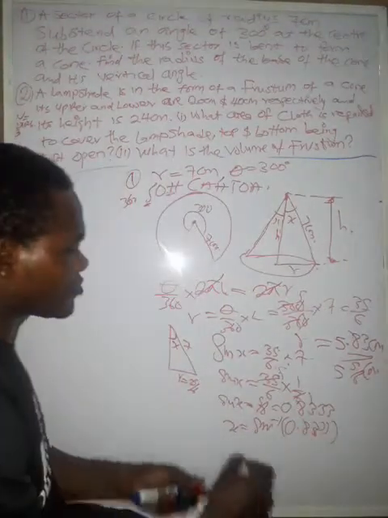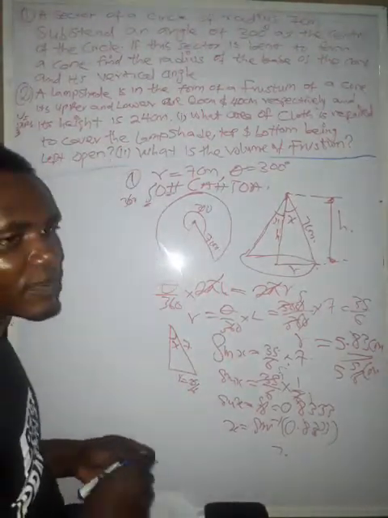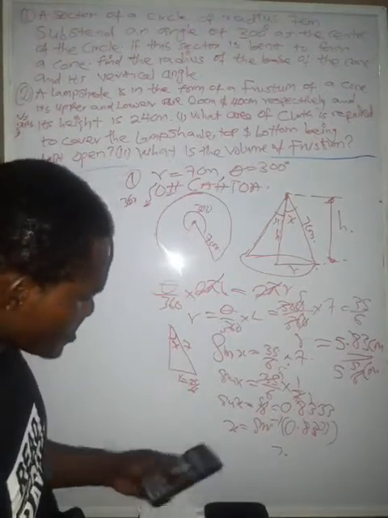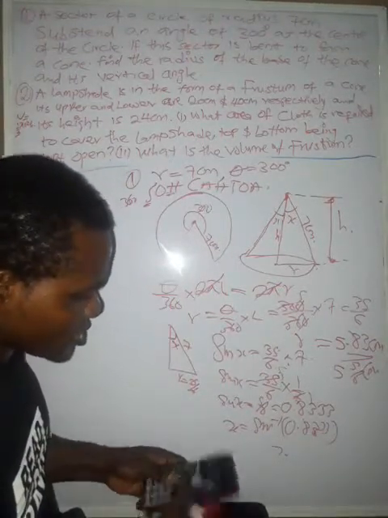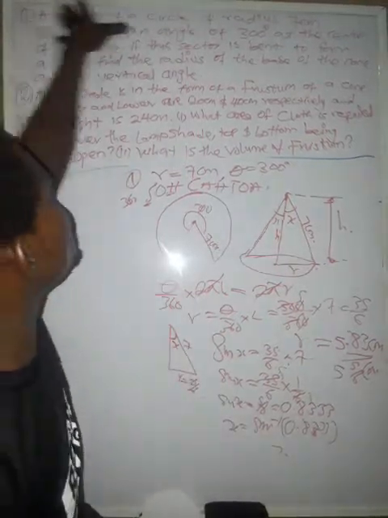By the time you use your calculator to press that, you have your final answer. I don't know what's wrong with this calculator. So I hope you get it now. I'm done with question 1.